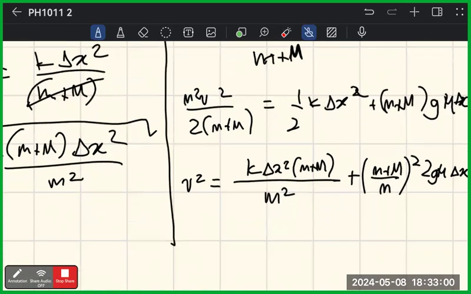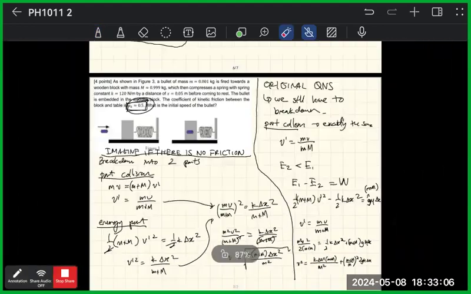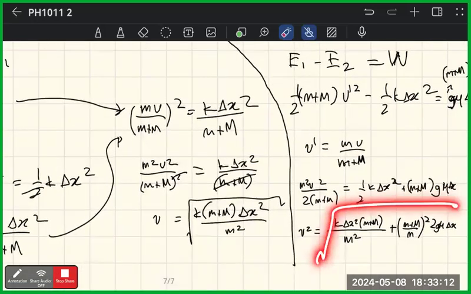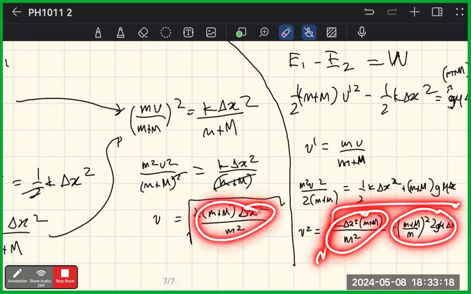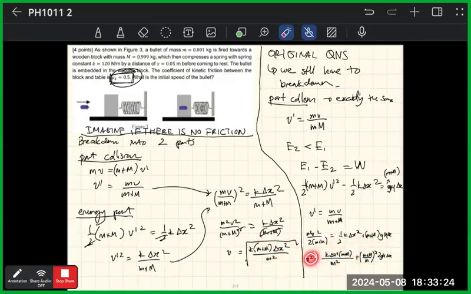Just plug in the values and square root this, and it will do the job. If you square root this, it's the same as before but still added by the friction. What does it mean? When you have friction, you need a bigger v to reach the same distance of delta x, which is very logical, because some of the initial energy is drained to the friction.